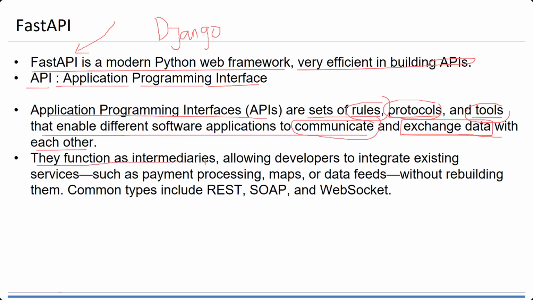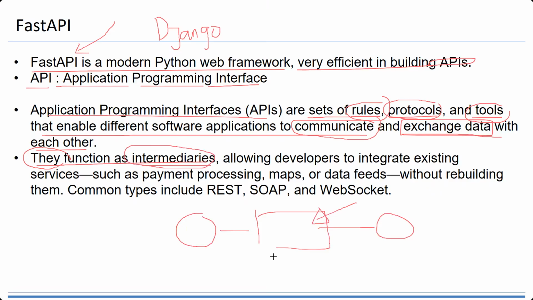The API, I mentioned it, they function as intermediaries. So intermediary means this is in the middle. If you have something and then you have another thing, so we call this here is the intermediary or the middle part. It allows developers to integrate existing services.